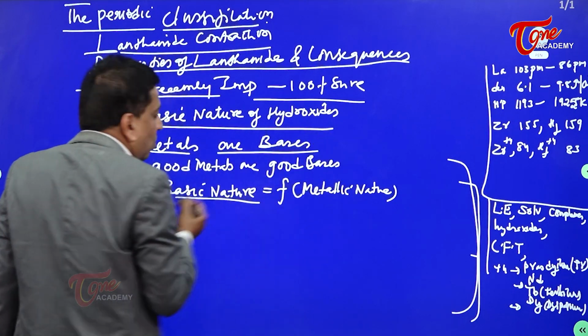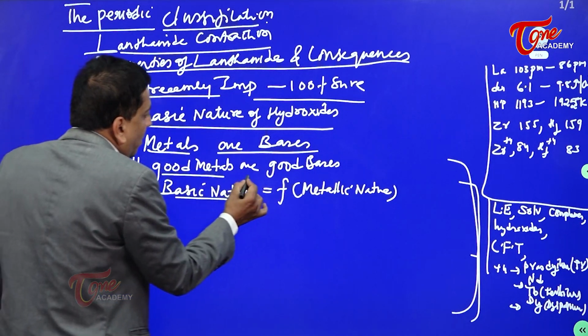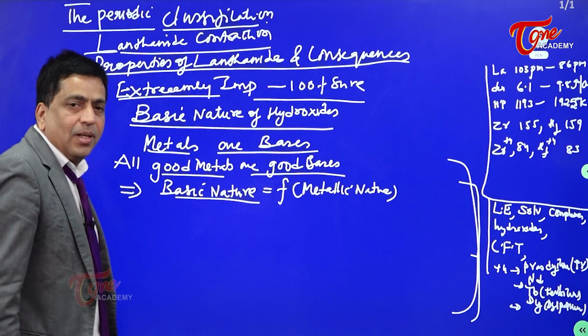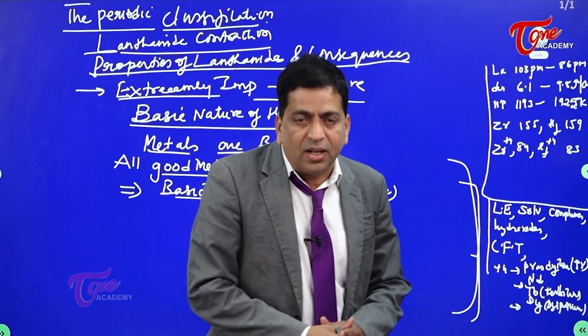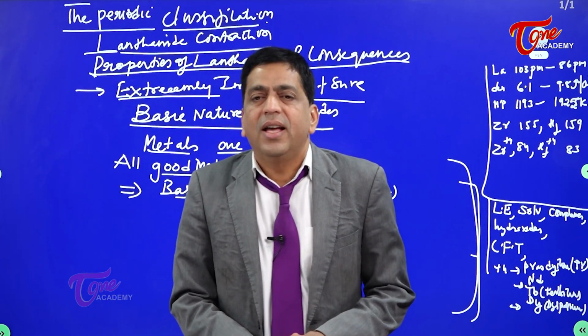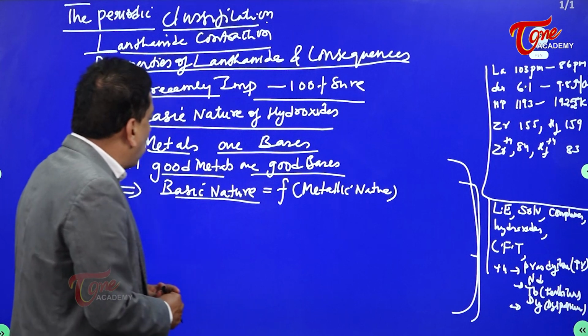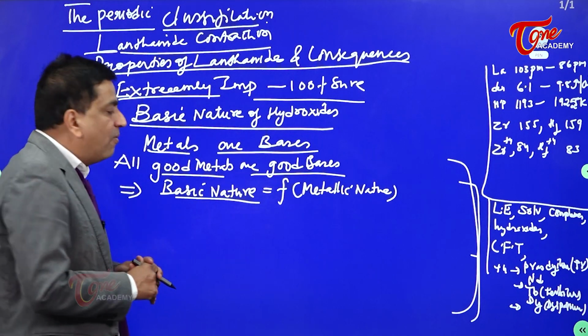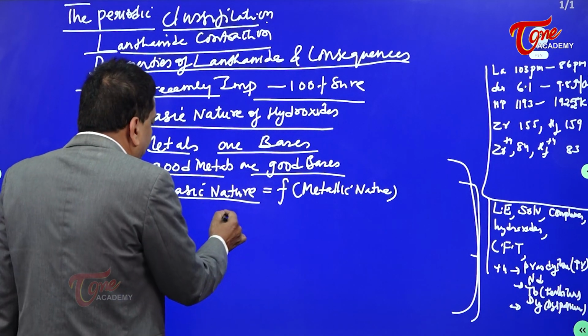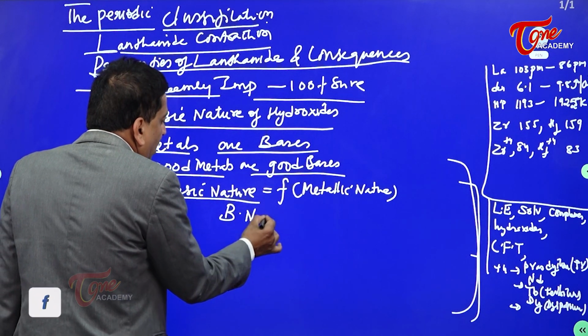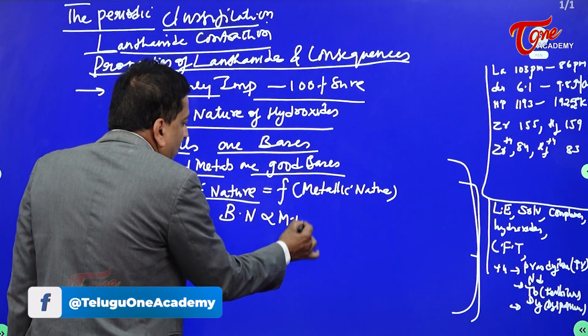Metals are bases. So I can say all good metals are good bases. You must understand. So basically, basic nature is a function of metallic nature. And if you wanted a relation between them, then basic nature is directly proportional to the metallic nature.